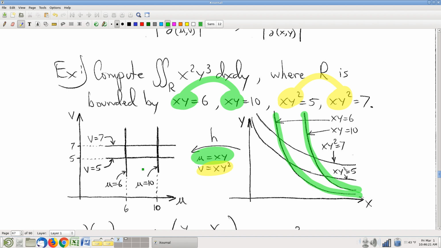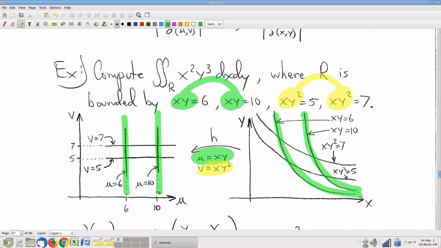Over here in the UV plane, given that xy is u, the equation xy equals a constant is just the equation u equals a constant, and that's a couple of straight lines. So you make that choice, u equals xy, and wow, I just straightened out my domain.